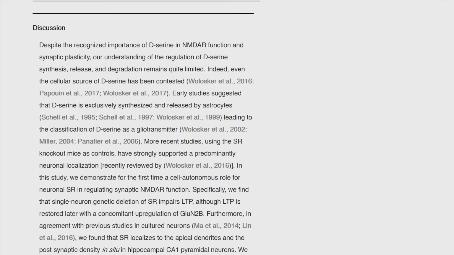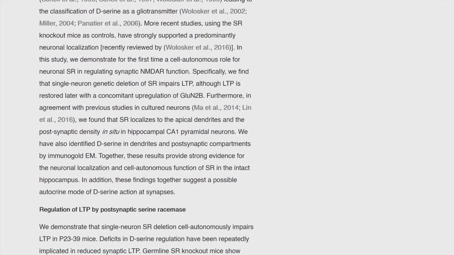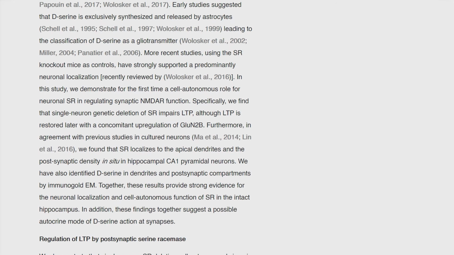Now the discussion. Main result: we find that single neuron genetic deletion, etc. Furthermore, we have also identified. Together, these results provide strong evidence for the neuronal localization and cell autonomous function of SR in the adult hippocampus. In addition, these findings together suggest a possible autocrine mode of D-serine action at synapses. So they repeat this whole thing, right?